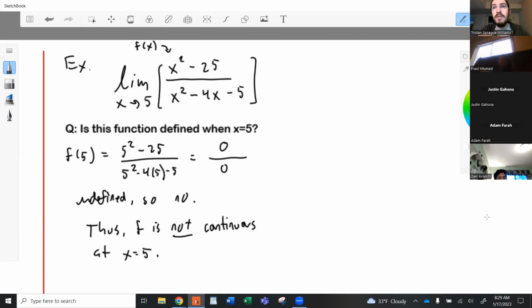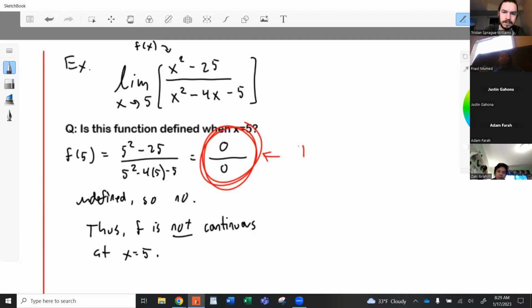Okay, so we cannot solve the limit by direct substitution. It's undefined. Of course we can't. It's kind of obvious when you think about it like that. So this scenario is kind of special. Zero over 0 is an example of what's called indeterminate.